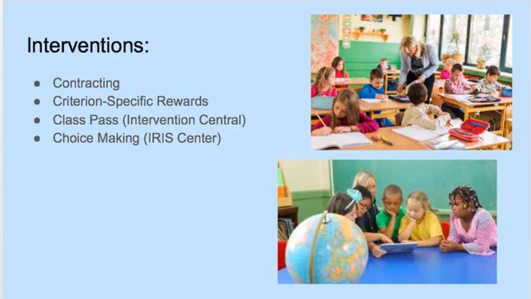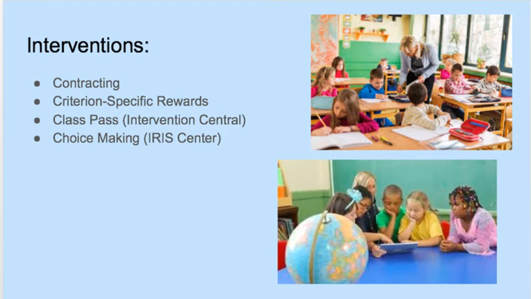The criterion specific rewards I really liked because you can choose the rewards in order to best meet the interests and motivation of each individual student. And this intervention deals with students earning privileges, but only as they've reached desired levels of target behavior.